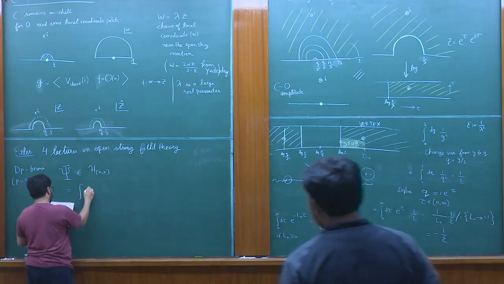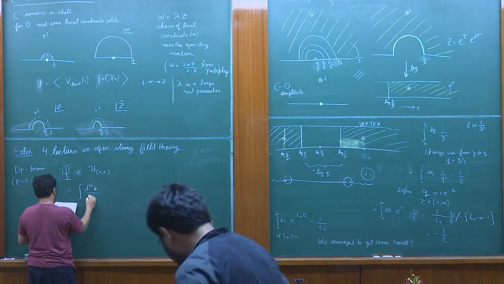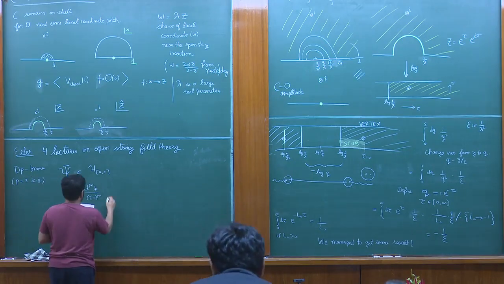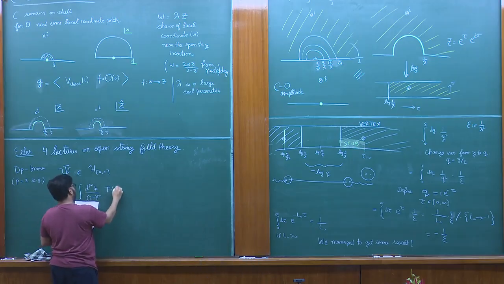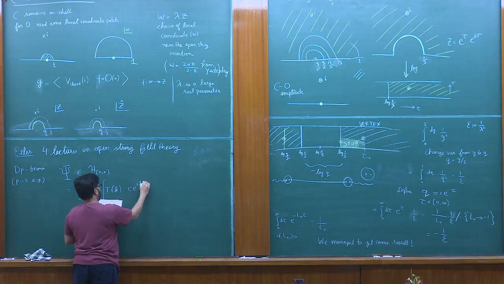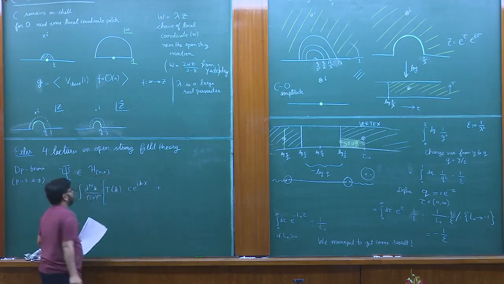There's an integral d^(p+1)k divided by (2 pi)^(p+1), t_k c e^(ik·x), plus. So what does this mean?